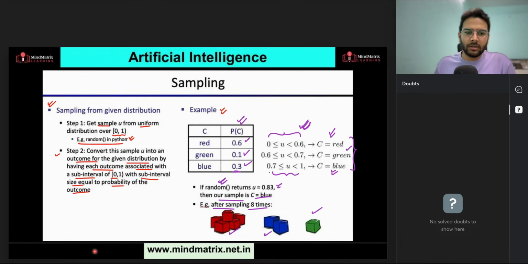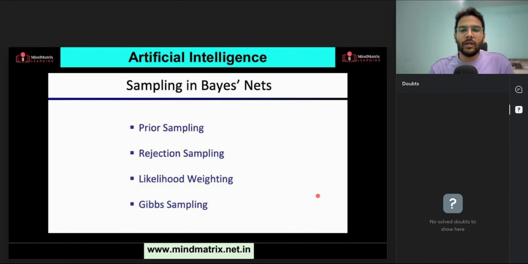That is important, because understanding the idea behind sampling is very important so that you can understand the upcoming topics also, right? Okay, so now in the Bayesian network we have four types of sampling. One is prior sampling, then rejection sampling, then likelihood weighting, and the last one is Gibbs sampling.